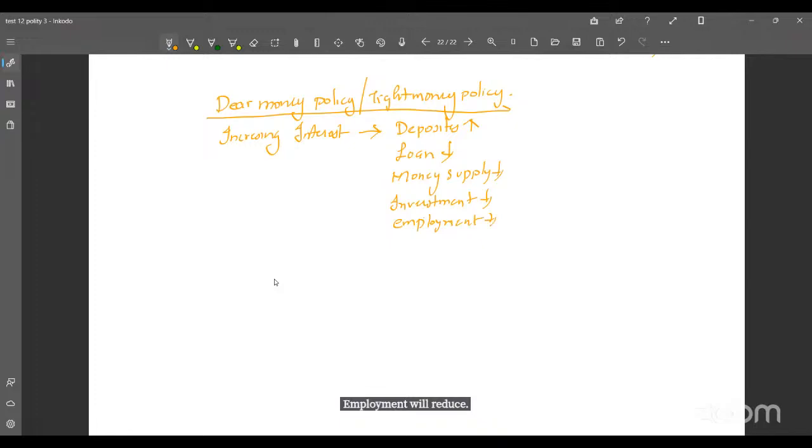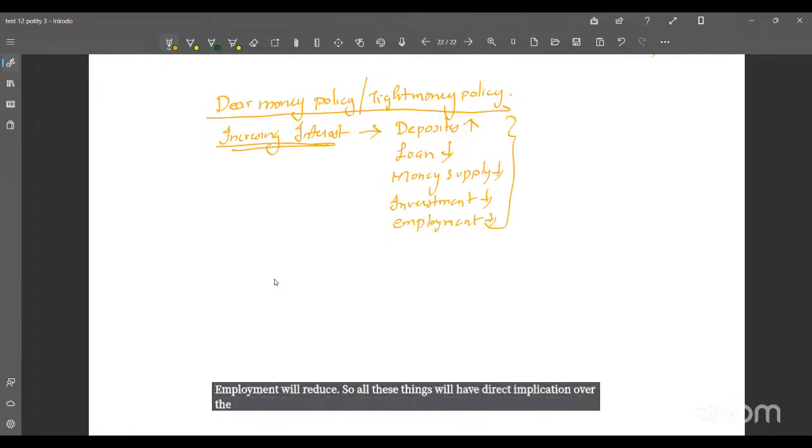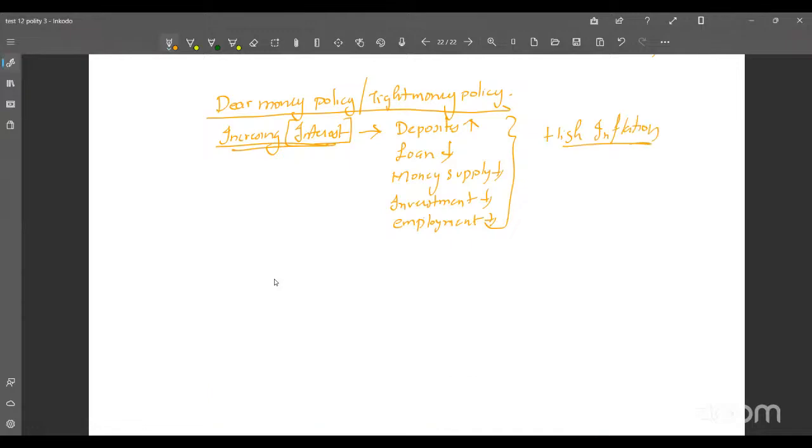So all these things will have direct implication over the increased interest. This is a policy which will be followed when there is very high inflation, to control high inflation.